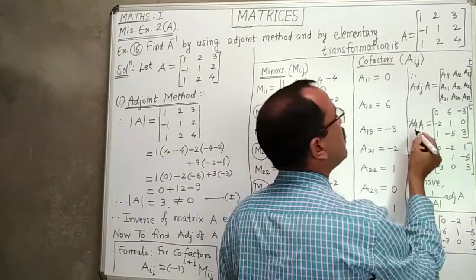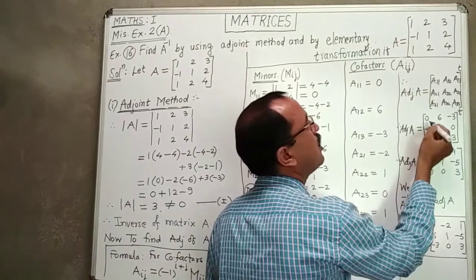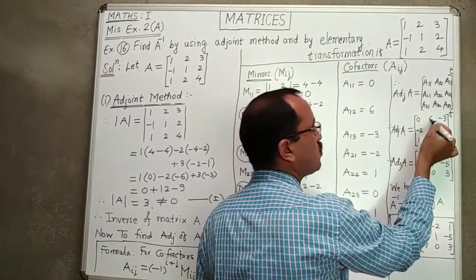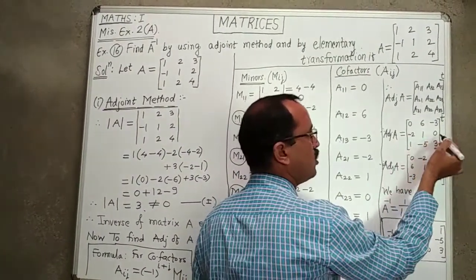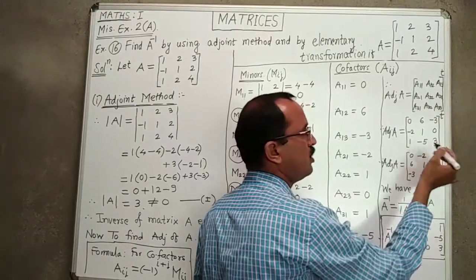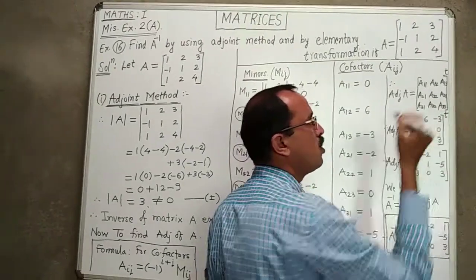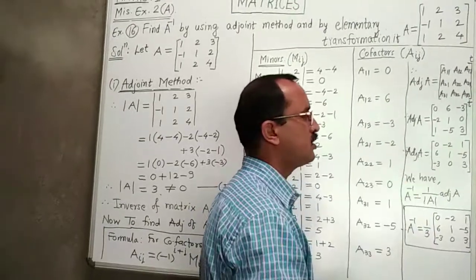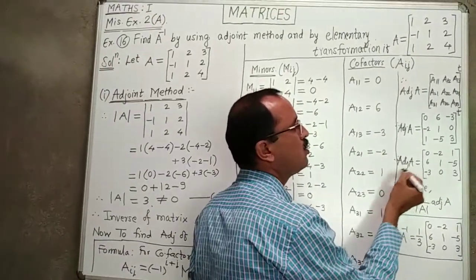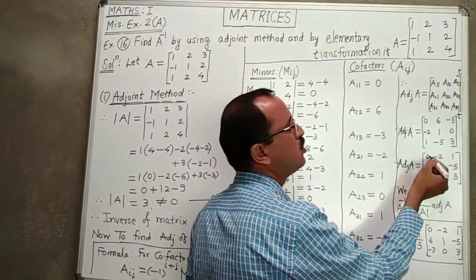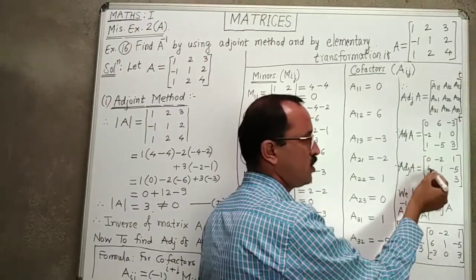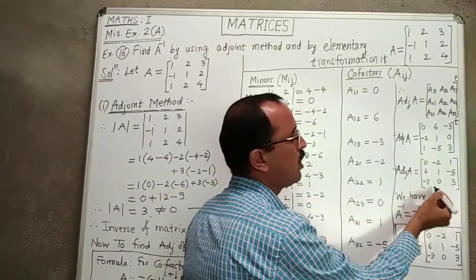The cofactor matrix is 0, 6, minus 3, minus 2, 1, 0, 1, minus 5, 3. Taking the transpose, we get adjoint of A equal to 0, minus 2, 1, 6, 1, minus 5, minus 3, 0, 3.